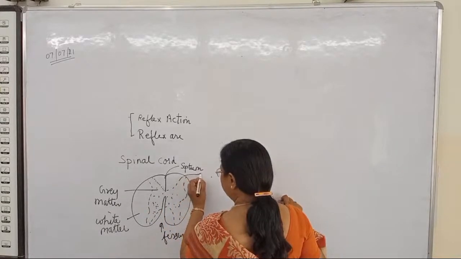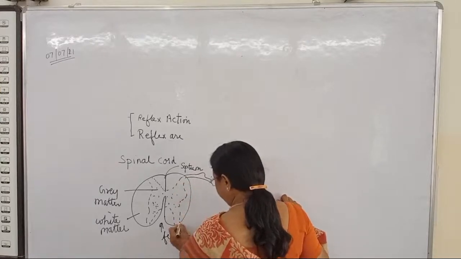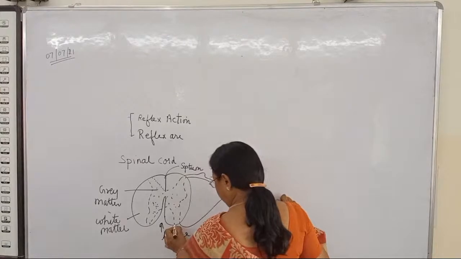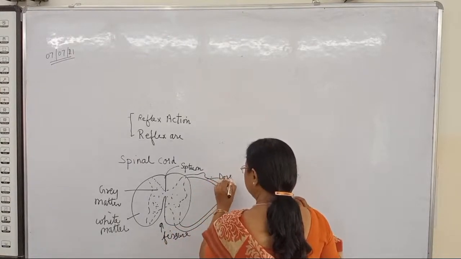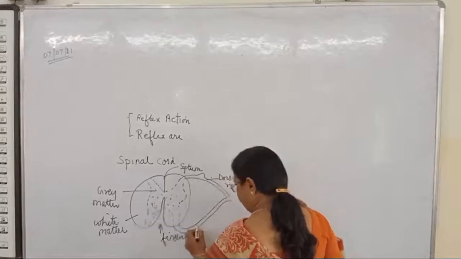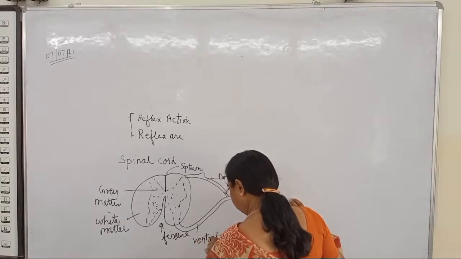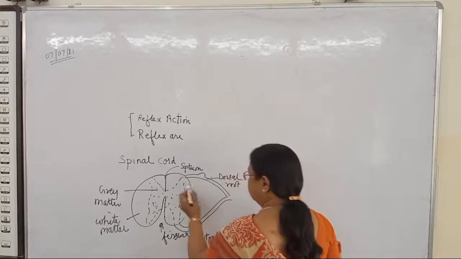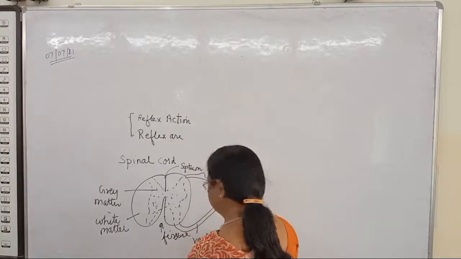A nerve arises from here, the ventral root. So in the spinal cord, you have the dorsal root and the ventral root. Two branches come out of the spinal cord. One is the dorsal root and the other is the ventral.